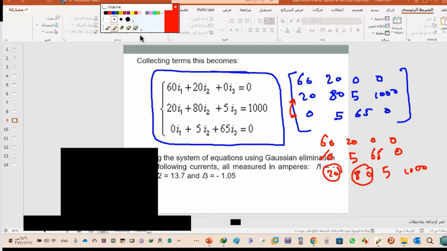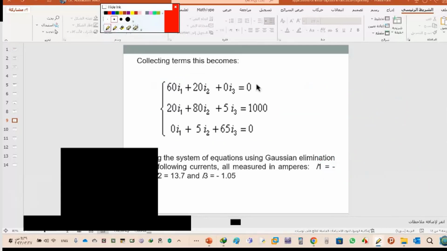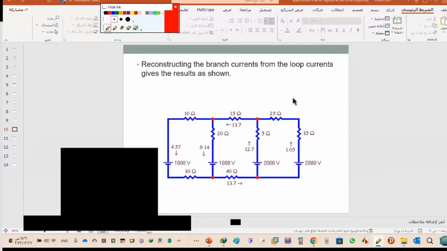Okay. Now this is the first case of how we can use linear algebra for solving.